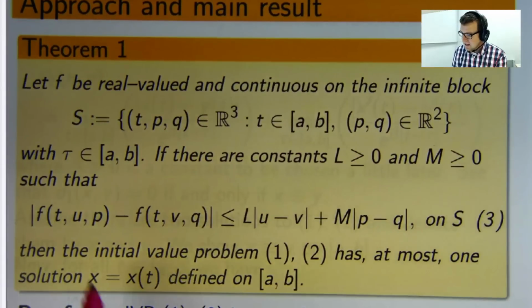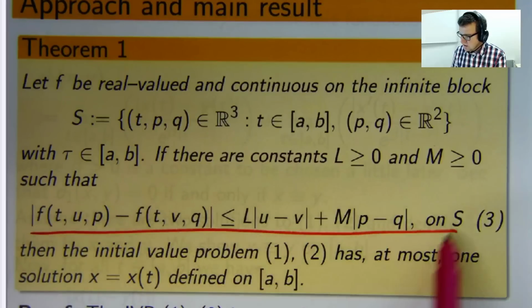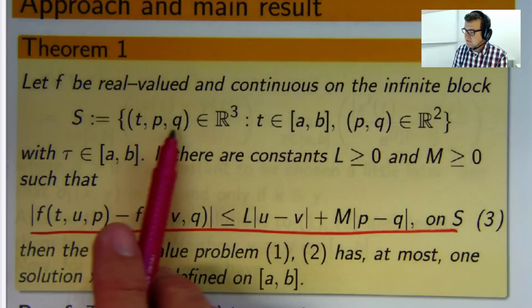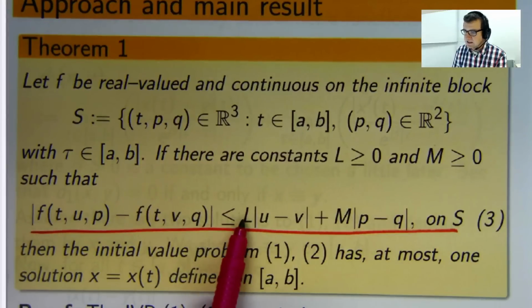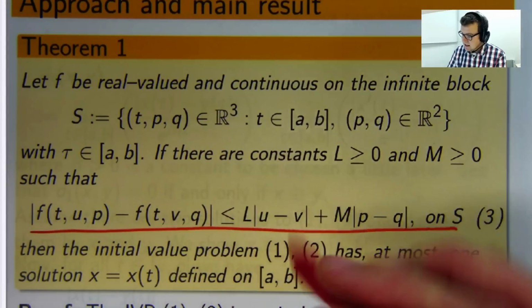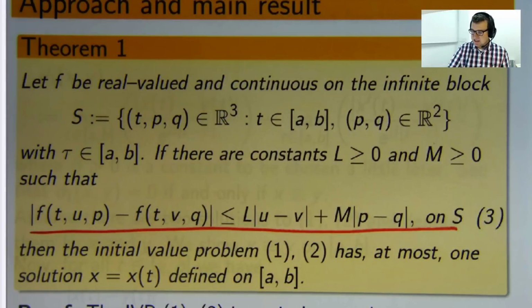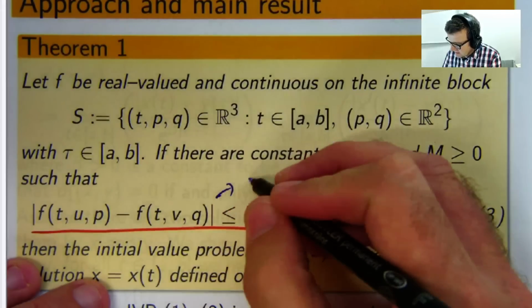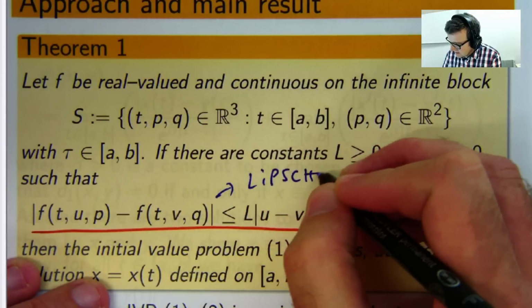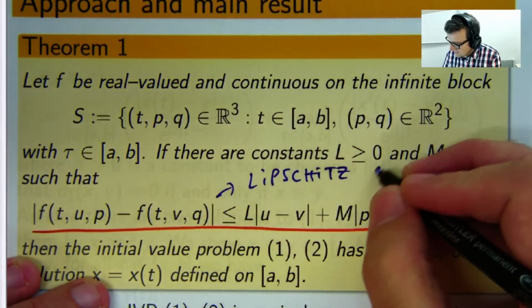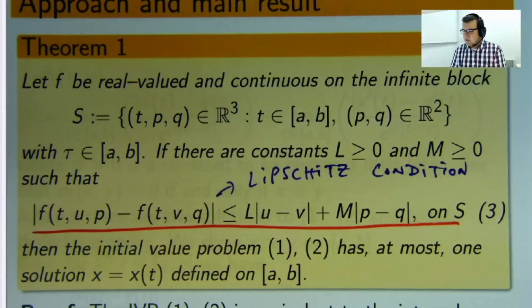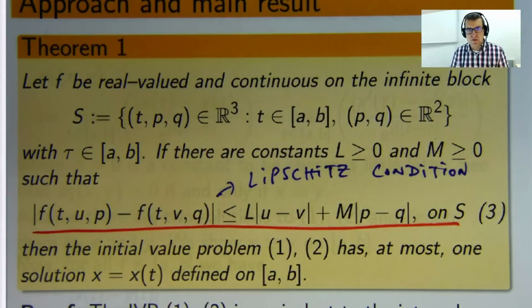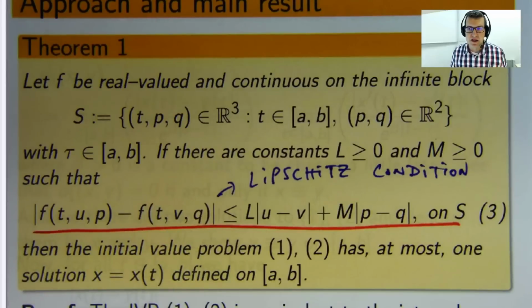We assume this inequality down here of f on S. So for all pairs of points in S, this inequality holds for some constants L and M. This is traditionally known as a Lipschitz condition. For second order problems. Okay, now it looks a bit crazy there, but there are very simple sufficient conditions that will guarantee 3 holds.